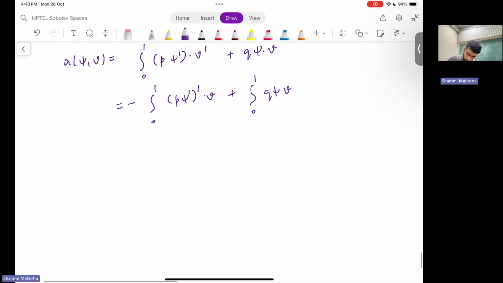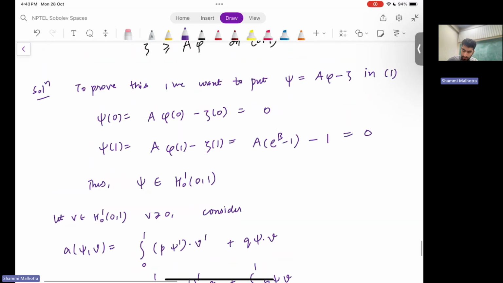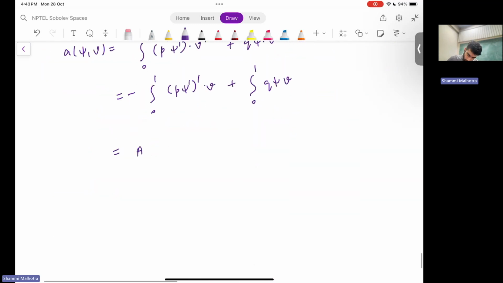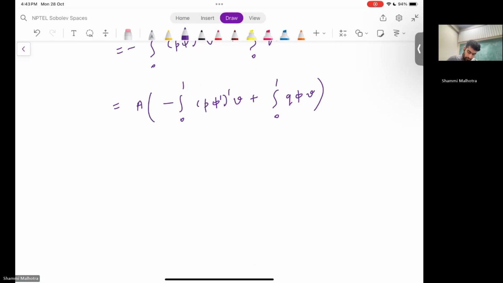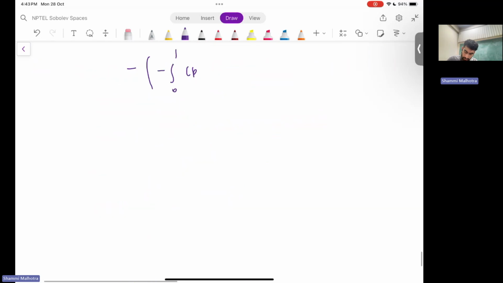And now we try to expand psi equal to A phi minus zeta. So A times minus the integral from 0 to 1 of (p phi dash) dash v plus the integral from 0 to 1 of q phi v. Then we have minus the integral from 0 to 1 of p, and we are left with zeta only.